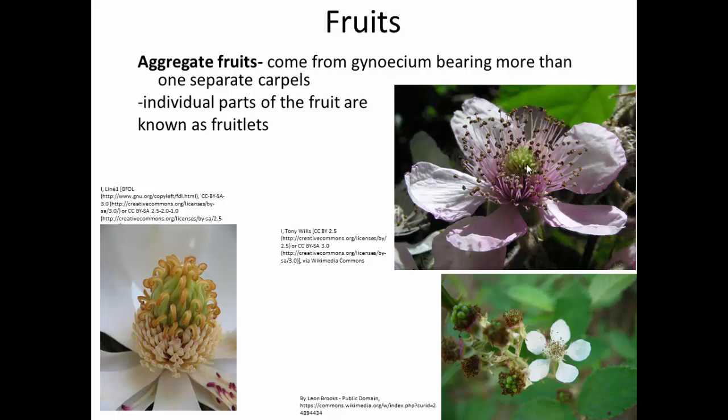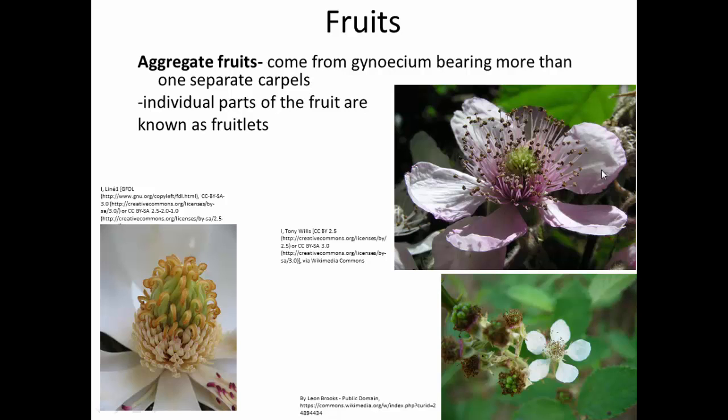These fruits are considered aggregates because each one of these carpels develops into a fruit known as a fruitlet, but collectively this flower forms just one fruit. They all merge together to create a single fruit. A common example of an aggregate fruit that we all know really well is blackberries or raspberries.